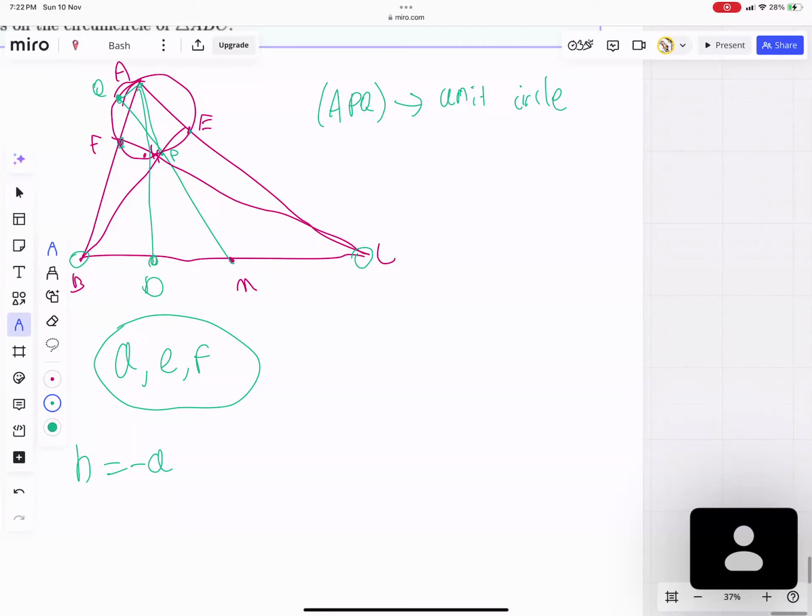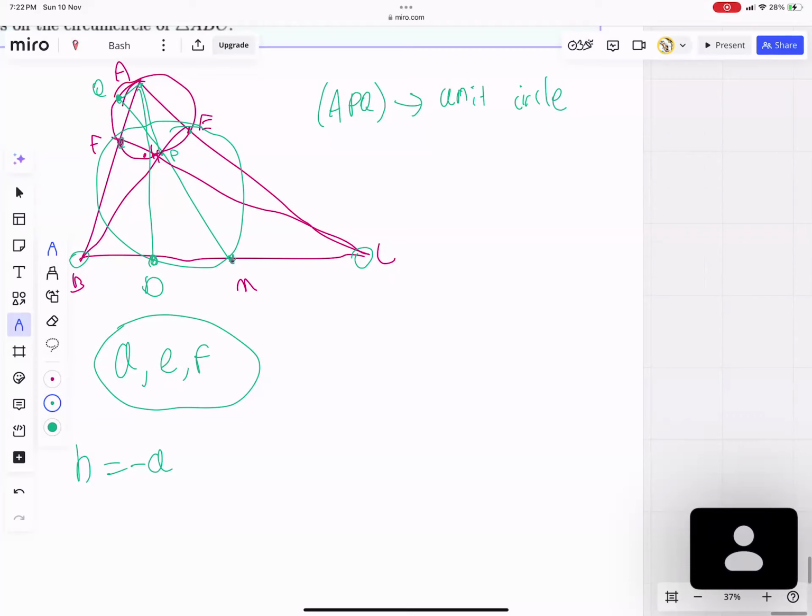Yes, it's the nine-point circle. I don't know of any non-harmonic proof for this property, but yes, it is the nine-point circle.